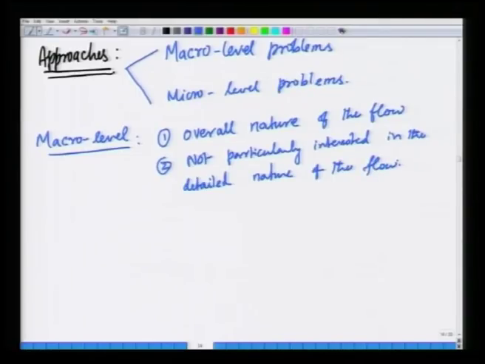Okay. So, examples are flow in pipelines. As we saw a few minutes back, fluid transportation is very important in chemical process industries. Okay.